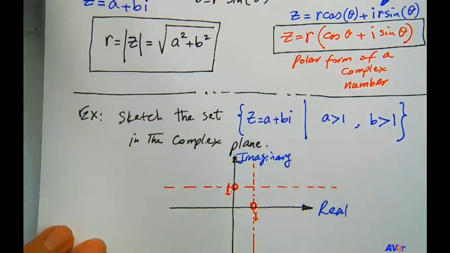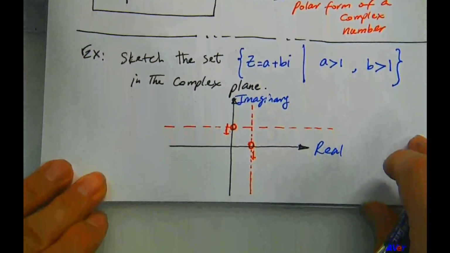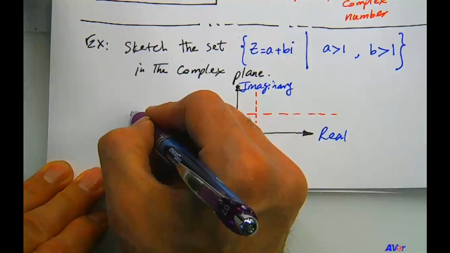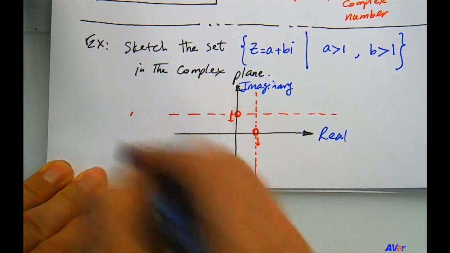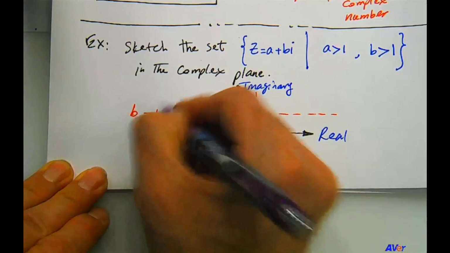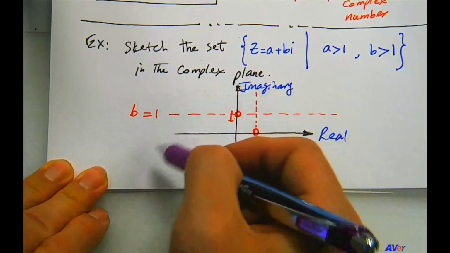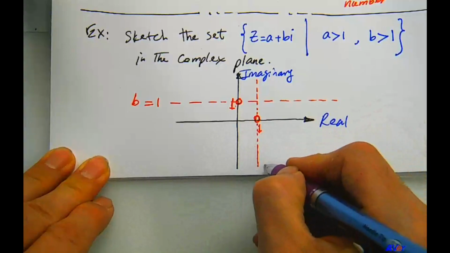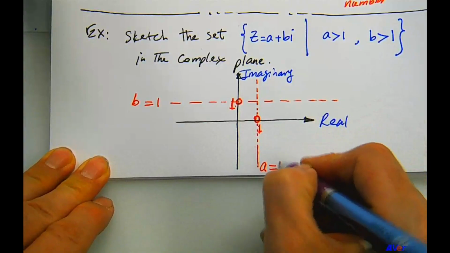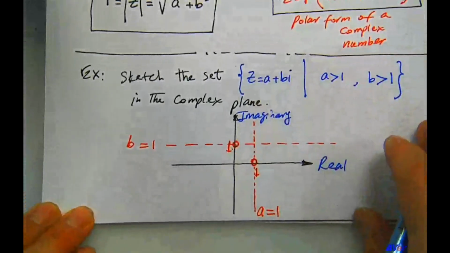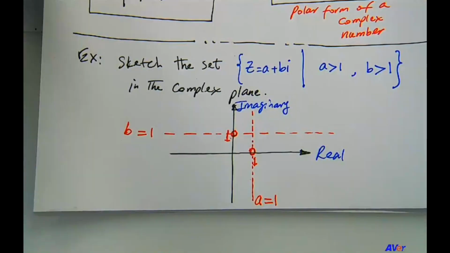Let me call these by the names they should have: this one, B equals 1, that's that line, and we want something greater than that. And this vertical line, let's call that A equals 1, right? That dashed line. So to graph that, we want this region.